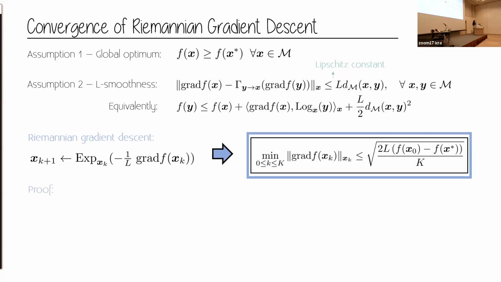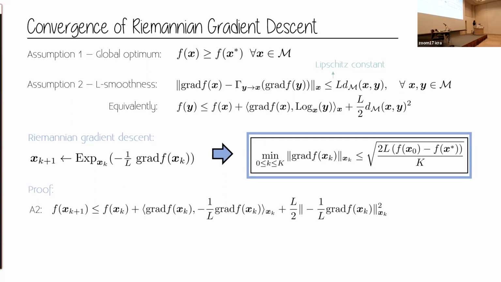The proof of that: we start with the second assumption, sorry, with the formula that we have there concerning the L smoothness. Here, y is equivalent to x at iteration k plus 1, and x is at iteration xk.